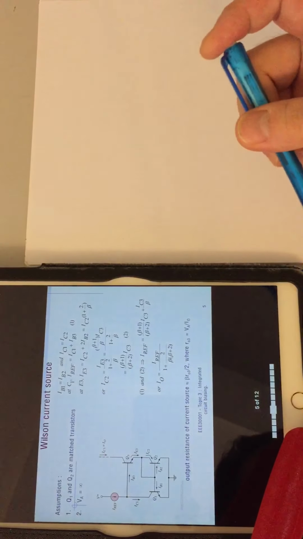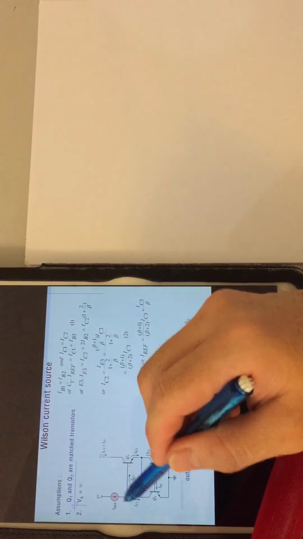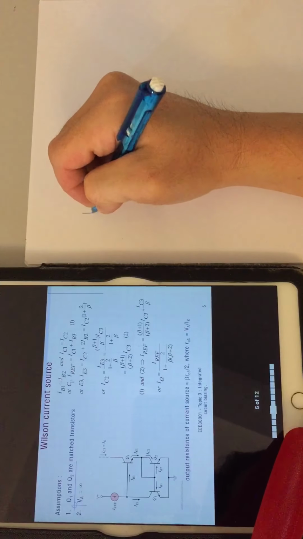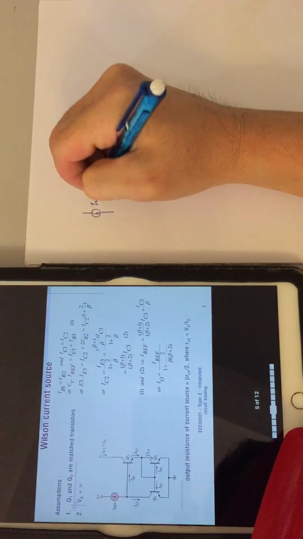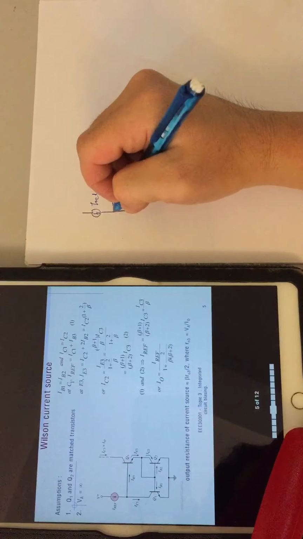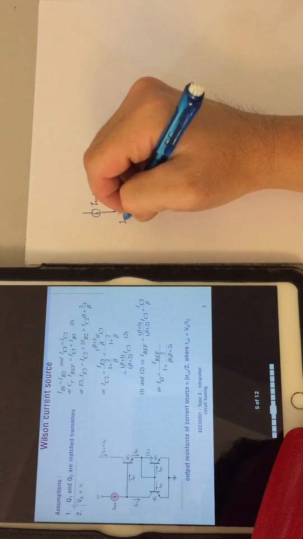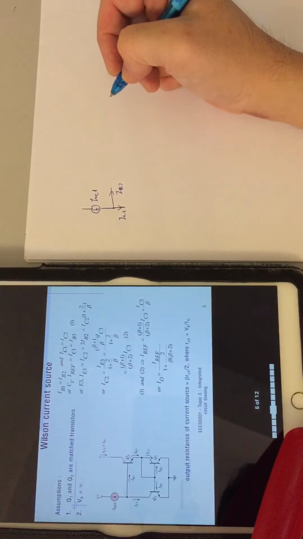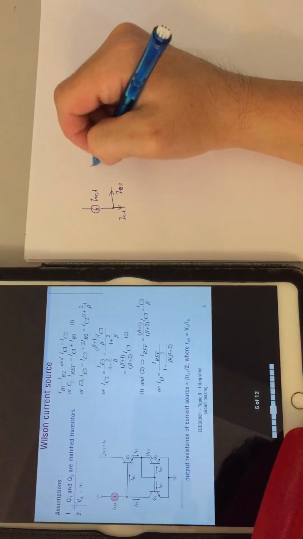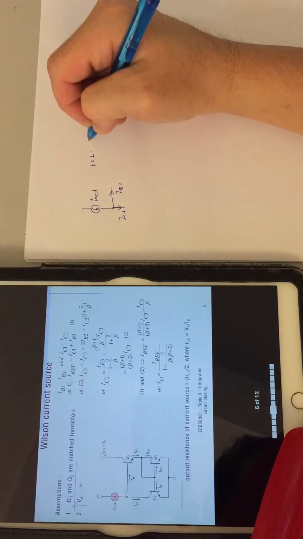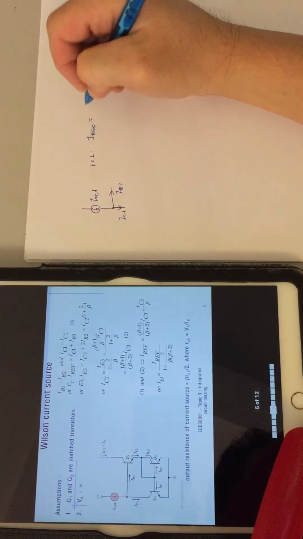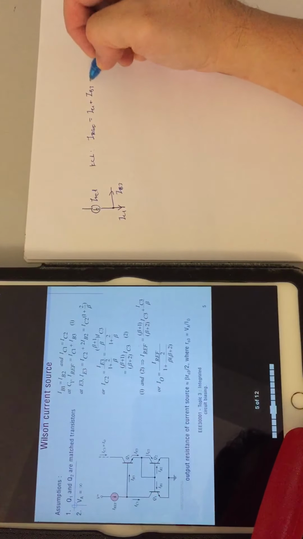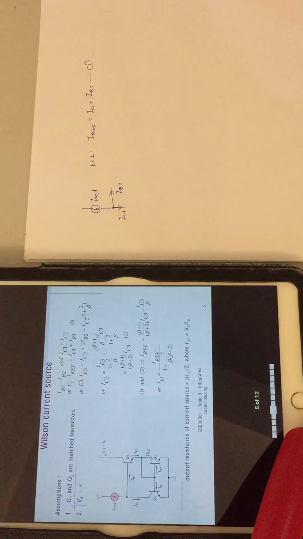Apply KCL at this node. We have I reference, and a current divider node with IC1 and IB3. So we apply KCL. We get I reference equals IC1 plus IB3. That is the first equation we have in the slides here.